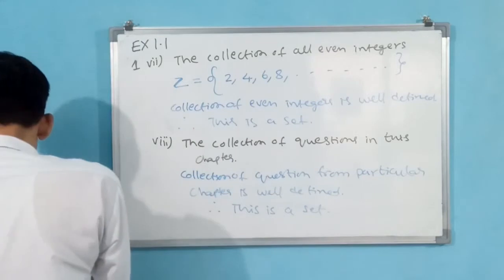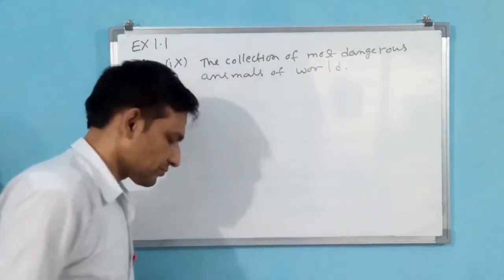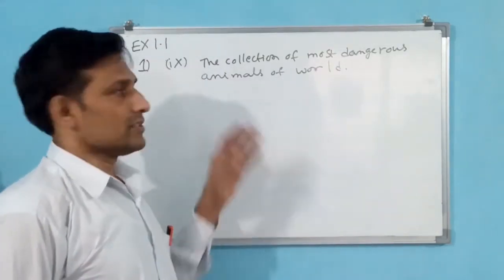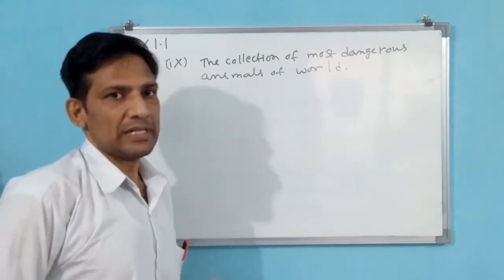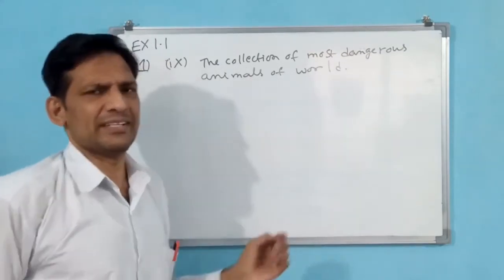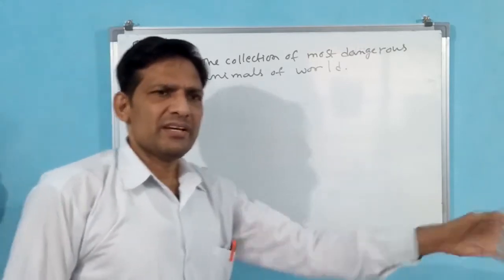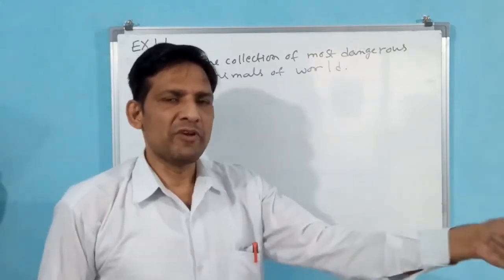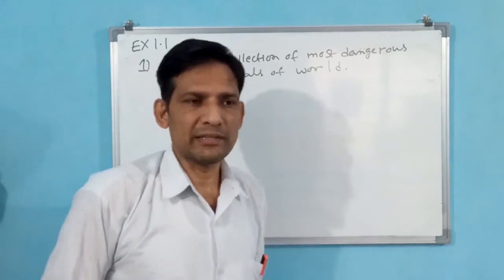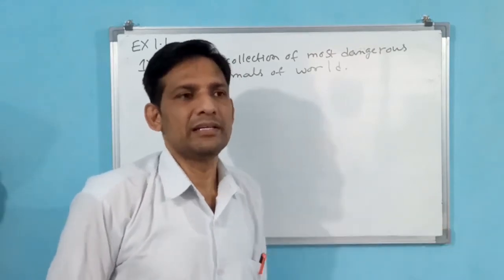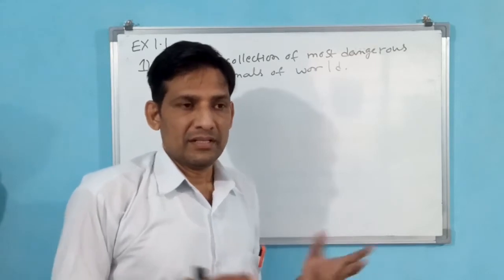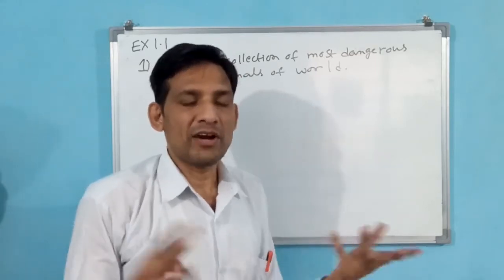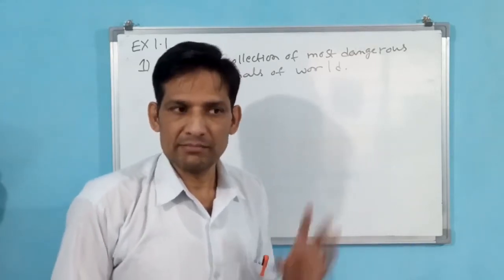We go to the next question. See this question: the collection of most dangerous animals of the world. This is also contradictory. Somebody may say tiger, somebody may say whale, somebody may say shark, somebody may say crocodile. For dangerous animals, this is not a well defined or clearly defined criterion.